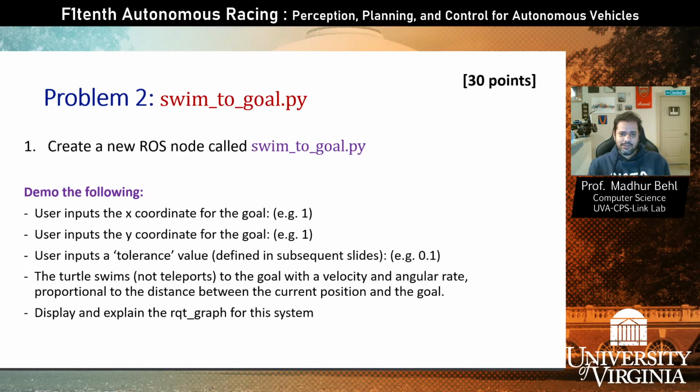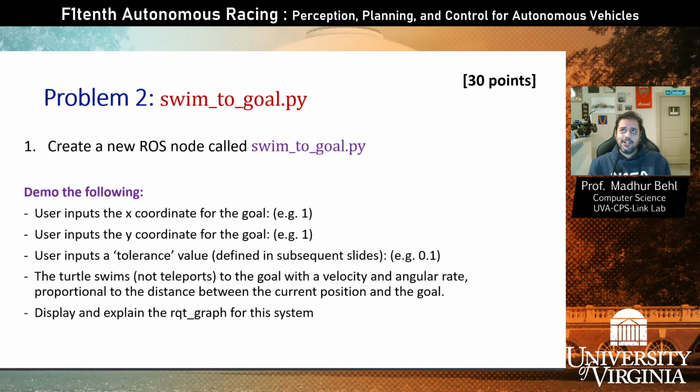Let's say the user says, I want you to go to the x coordinate of 1. Similarly, the user will input the y coordinate for the goal. So in this case, our goal is 1,1 and maybe our turtle is at 5,5. Then the user will also input something called a tolerance value, and I'll explain what is meant by the tolerance.